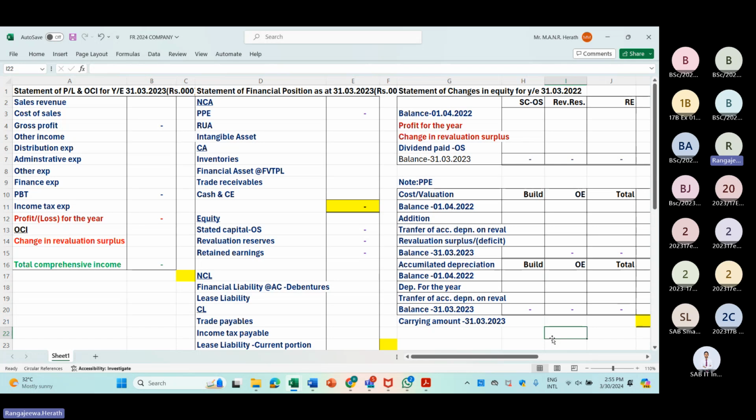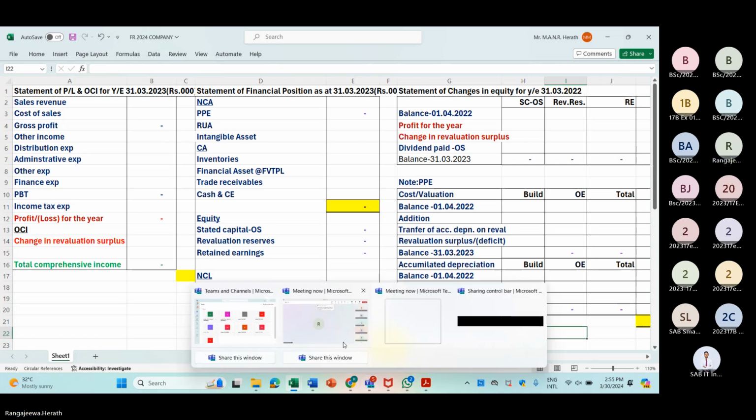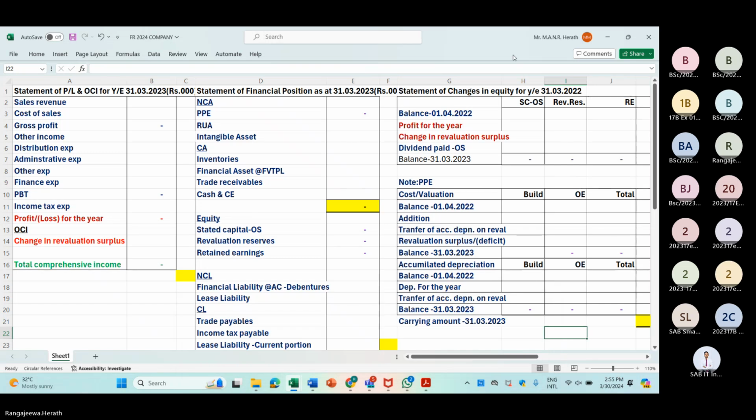You can have the structure. Same time you can, then you can start with the additional information.